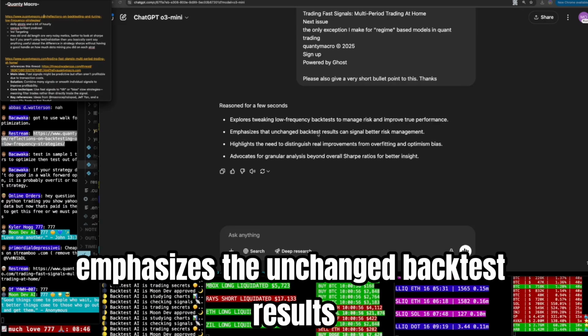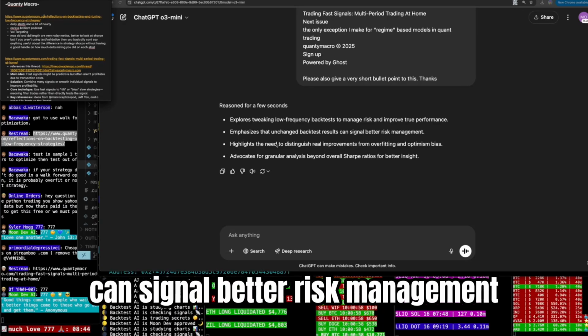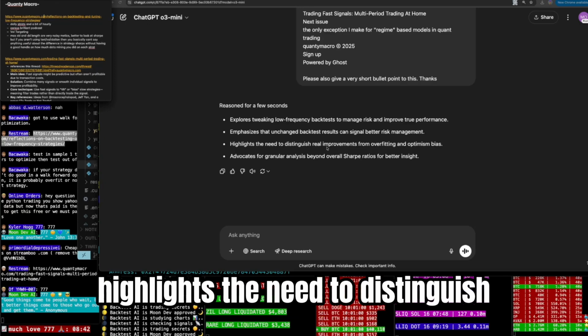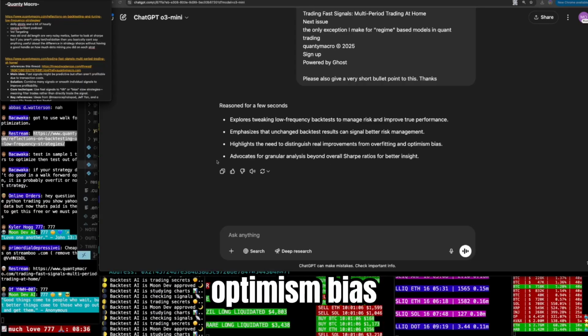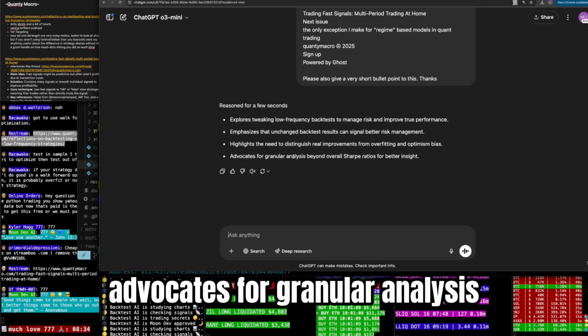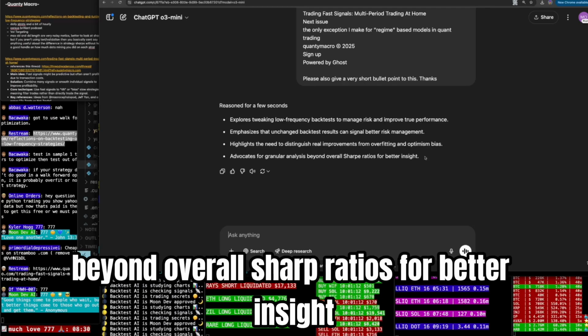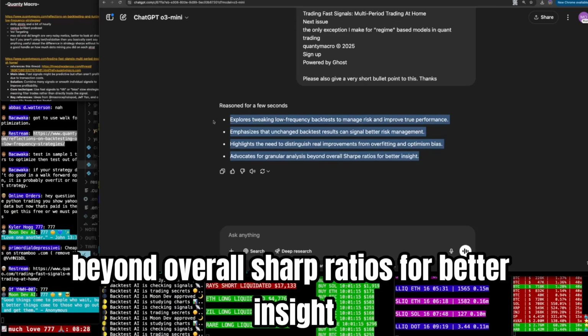Emphasizes that unchanged backtest results can signal better risk management. Highlights the need to distinguish real improvements from overfitting and optimism bias. Advocates for granular analysis beyond overall Sharpe ratios for better insight.